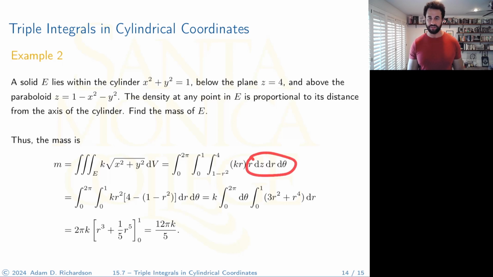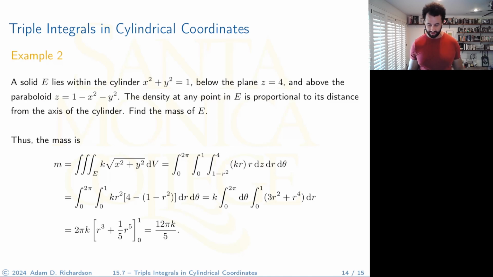All right, so do this. There's our volume form r, there's kr. Z goes between these two surfaces, r goes between these two numbers, theta goes between these two numbers, and here we go. Integrate with respect to z first. That's super nice because this doesn't depend on z. So we get that. Now we can split it into two separate integrals.